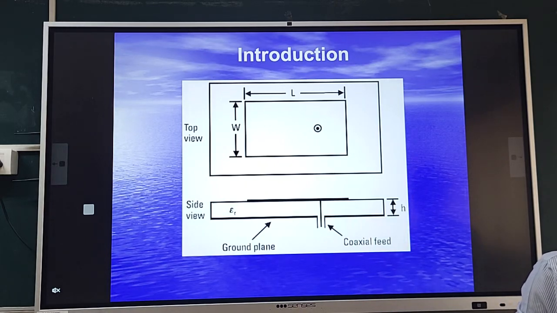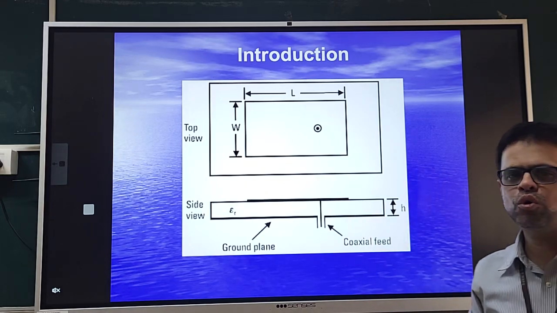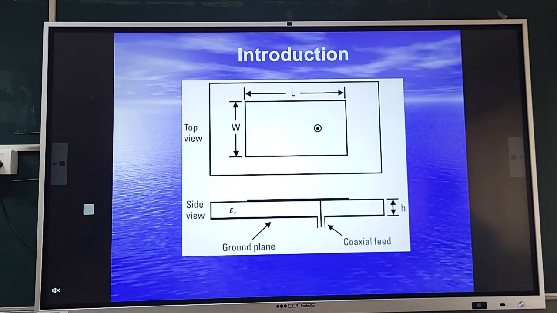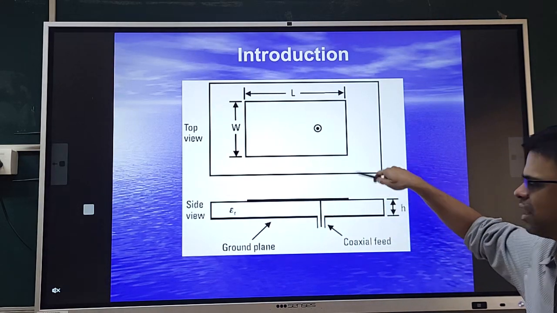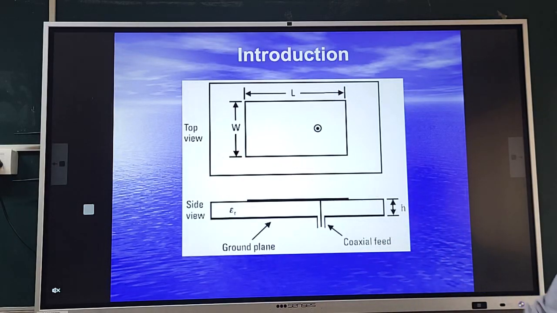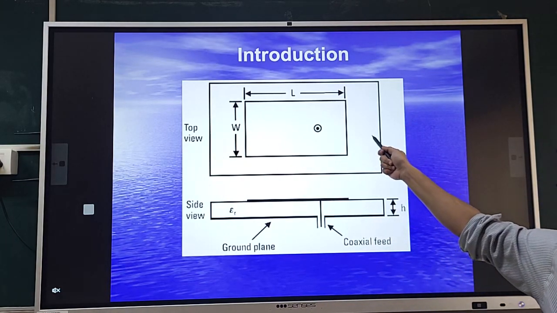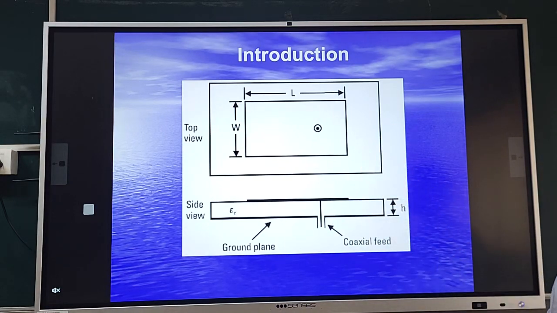The first very important disadvantage is, if I want to do system on chip integration, it is not easily possible with the coaxial feeding technique. Meaning, I cannot integrate. I want the rest of the circuitry to lie on the same PCB, and the output of that circuitry should be fed to the microstrip antenna.